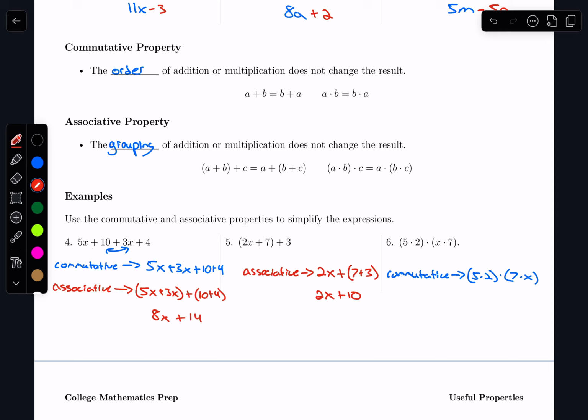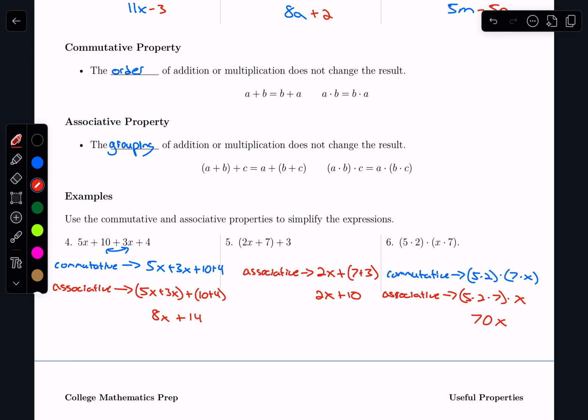Then I'm going to use the associative property to make it so that I have all the constants multiplied together and the variable left out. So 5 times 2 times 7, all in parentheses, and then multiplied by x. And now this allows me to just multiply the numbers all together. So 5 times 2 times 7 gives me 70, and I just have that x all alone.